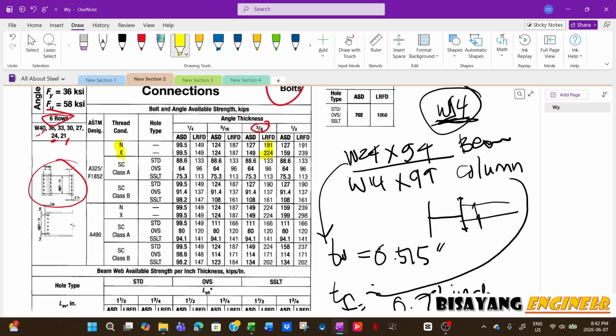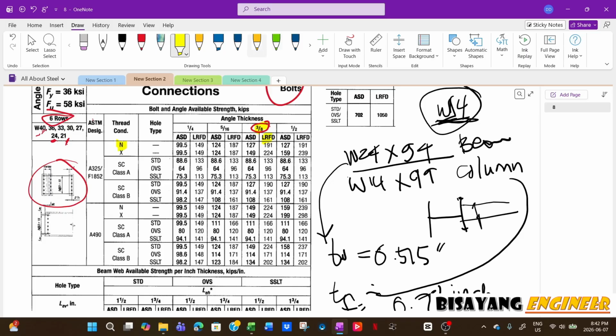That significantly reduces the capacity. So that's why it's always safer to use the N value. So in this particular example, we will use N, meaning the thread is included in the shear plane, and then the 3/8 inch thick angle. Then we will use first the LRFD.